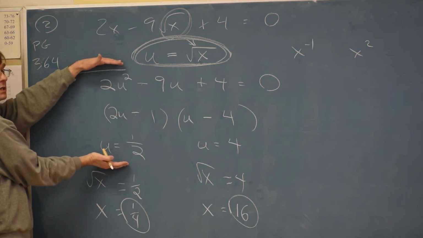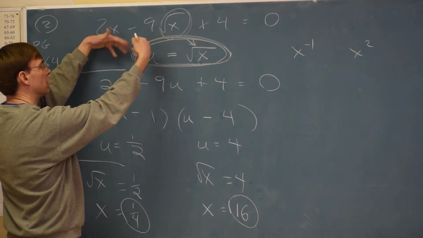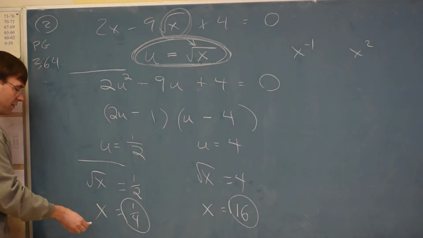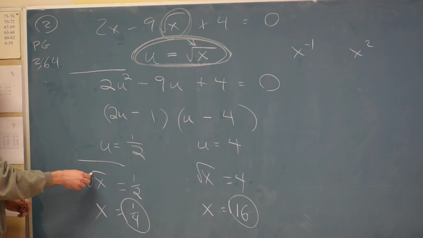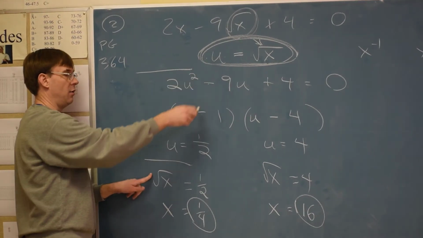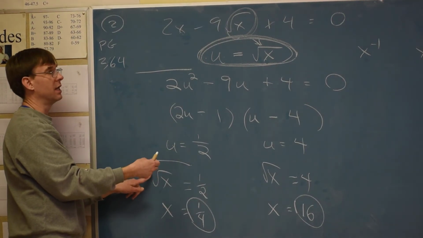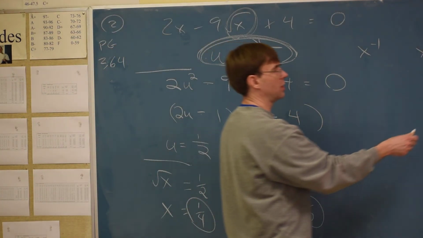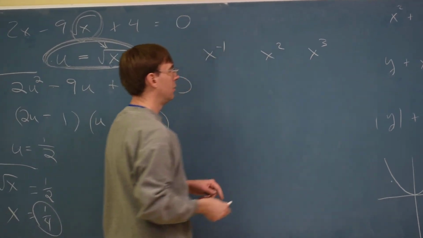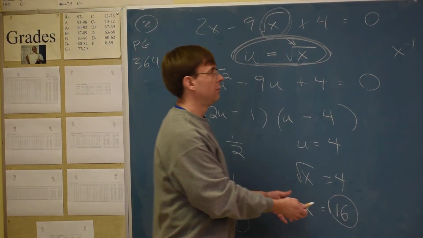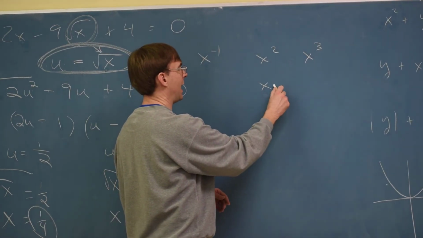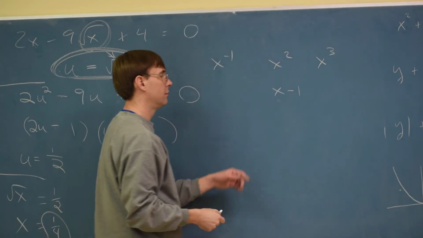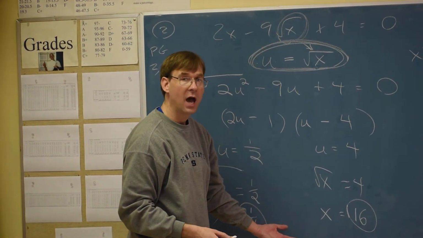This middle part's always the same. The switcheroo is always the same. The only difference is at the end, whatever you established in the circle zone, we'll have to do the opposite of that. So if the circle zone had x cubed, you'd have to do a cube root. If the circle zone had x minus 1, you'd have to later add 1.